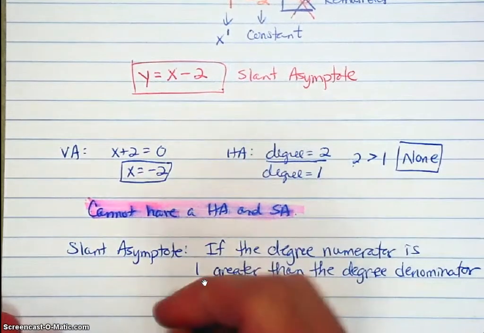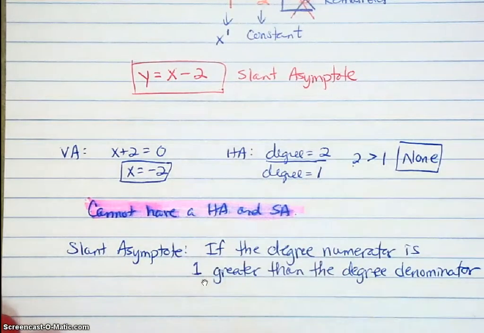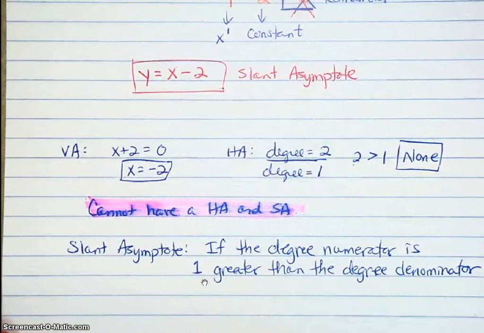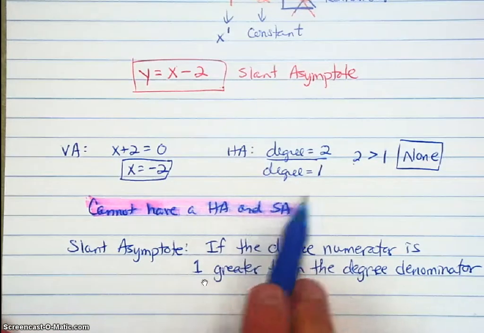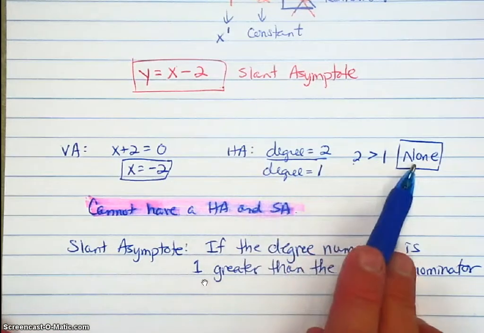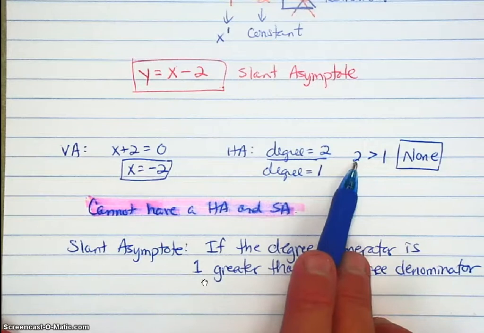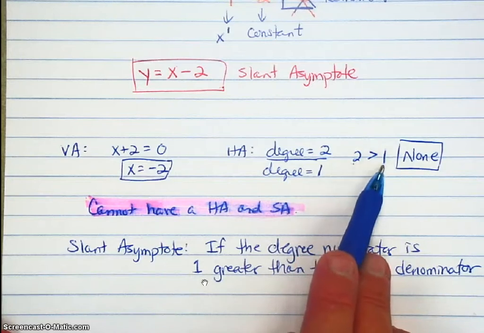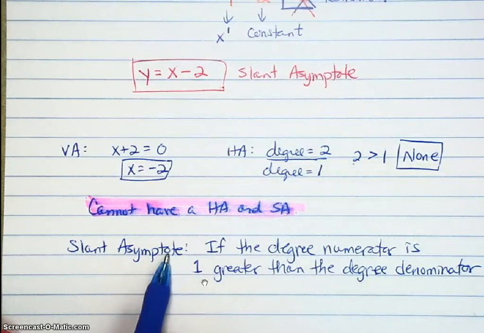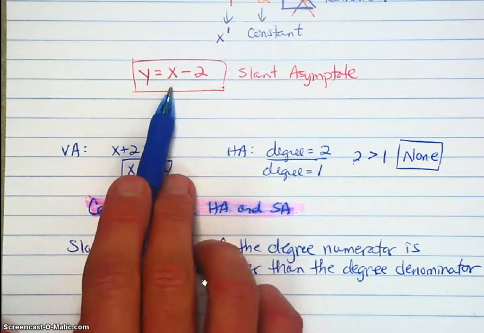In this case, 2 is greater than 1, so that's none for horizontal, but 2 is 1 more than 1, so that means I do have a slant. And in this problem, this would be my slant.